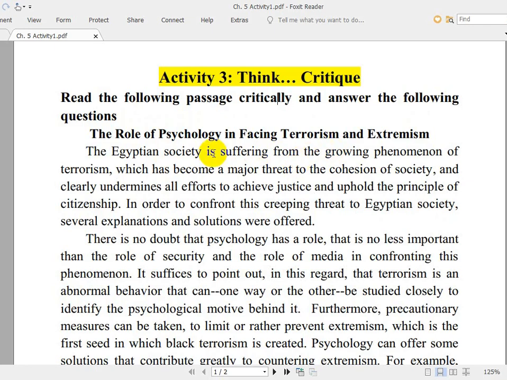The author says, the Egyptian society is suffering from the growing phenomenon of terrorism, which has become a major threat to the cohesion of society and clearly undermines all efforts to achieve justice and uphold the principle of citizenship. In order to confront this creeping threat to Egyptian society, several explanations and solutions were offered.